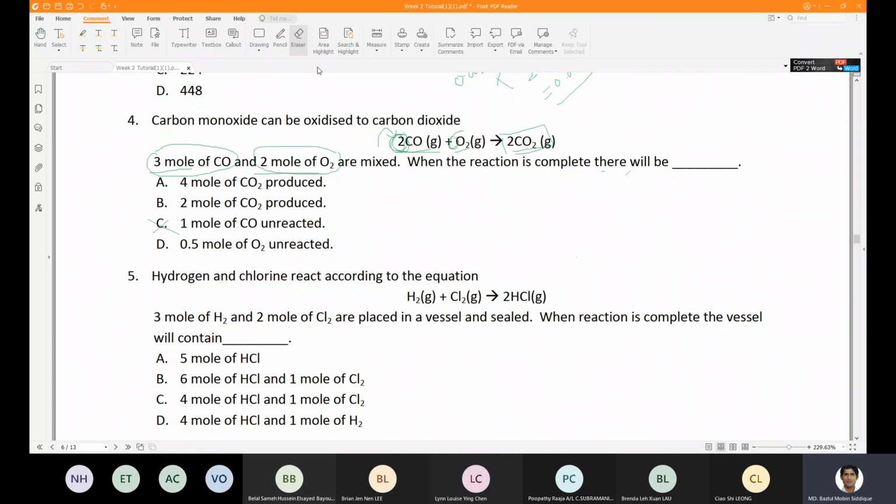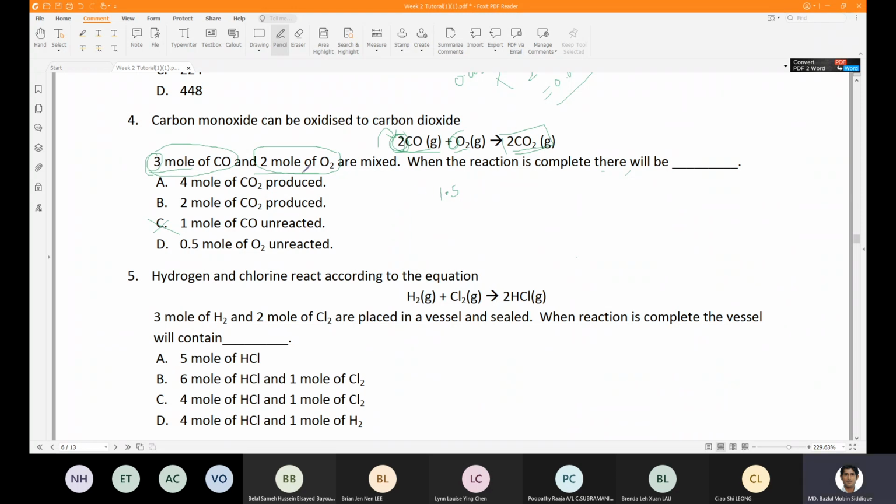Now we go back to the original question, that is 3 moles of carbon monoxide and 2 moles of oxygen. 2 moles of carbon monoxide produces 1 mole of oxygen reacted. 3 moles of carbon monoxide will react with 1.5 moles, right? This is a simple calculation.